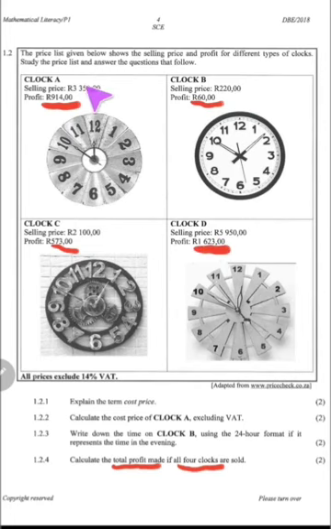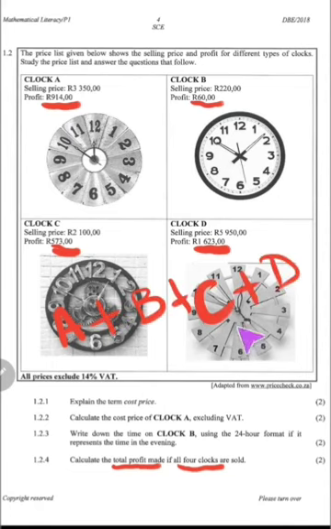We're not adding up the selling prices, we add up only the profits. So when you add profit A plus profit B plus profit C plus profit D, you will get your total. Once again, I will leave it to you to determine that answer.